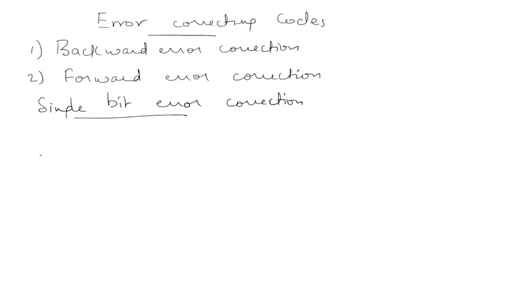A single bit error can be detected by the addition of a parity bit. We have already seen in error detection, suppose this is the original data bit, along with this a parity bit, which is the redundant bit, can be added. By adding this parity bit, we can detect the errors. The same method can also be applied to correct the errors.